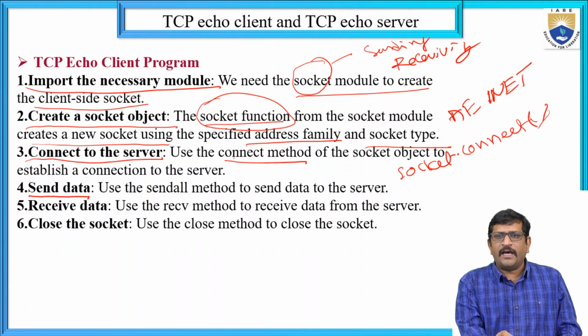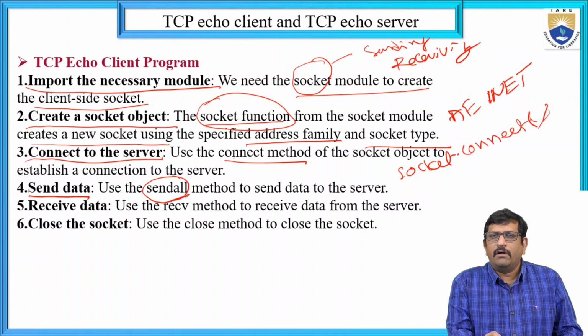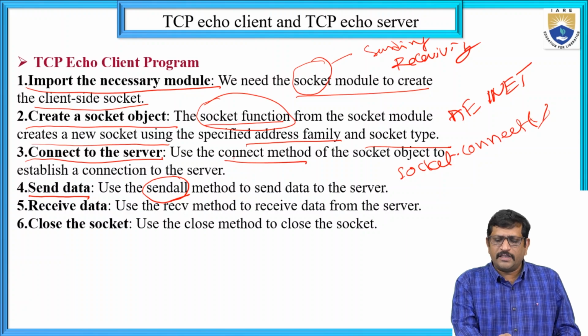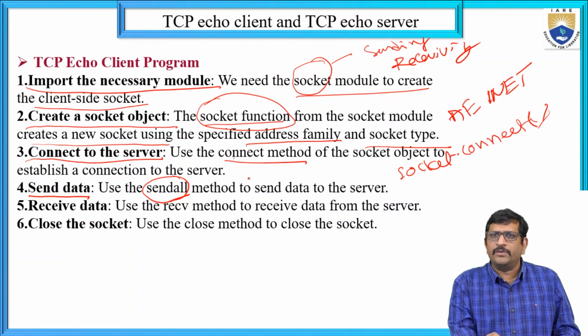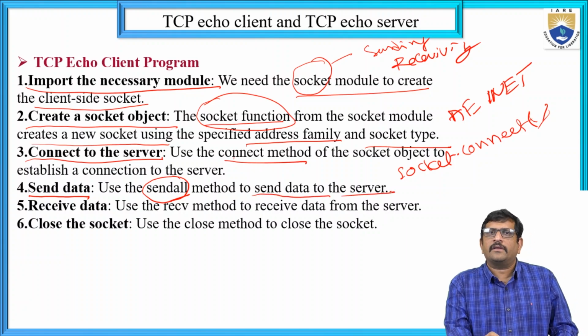For sending data we use the sendall method or the sendto method. In TCP we use sendall, and the other method can be utilized in TCP too, but in UDP we just use sendto. The sendto method can be used for sending data to the server.